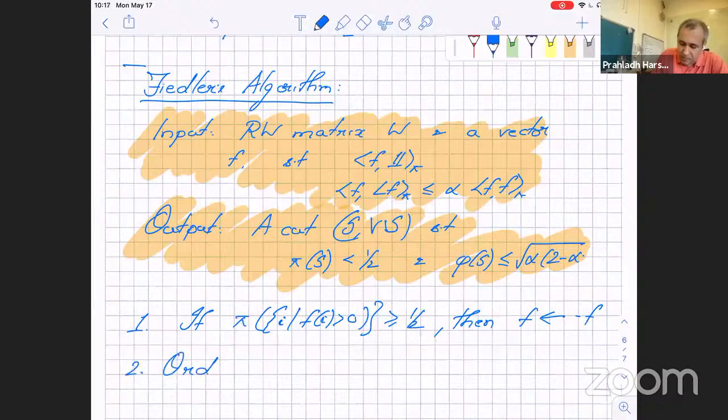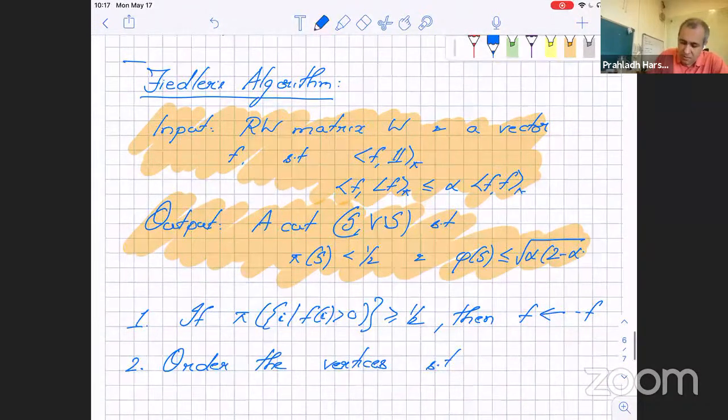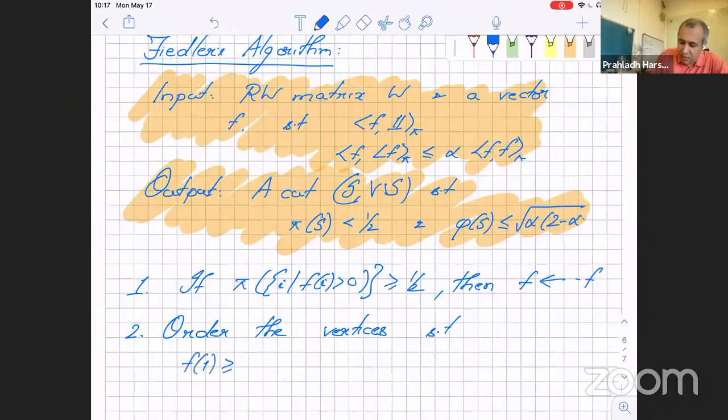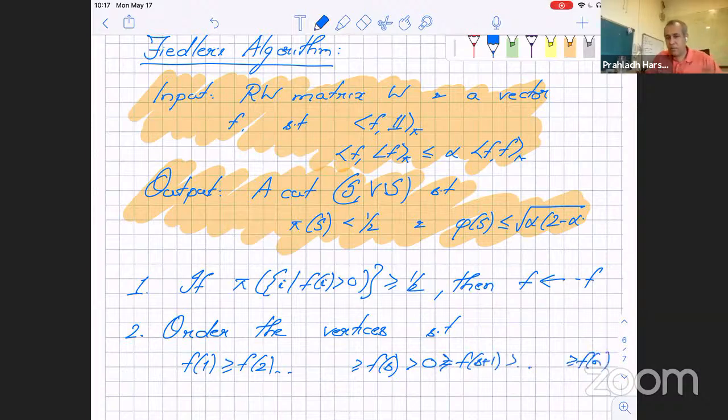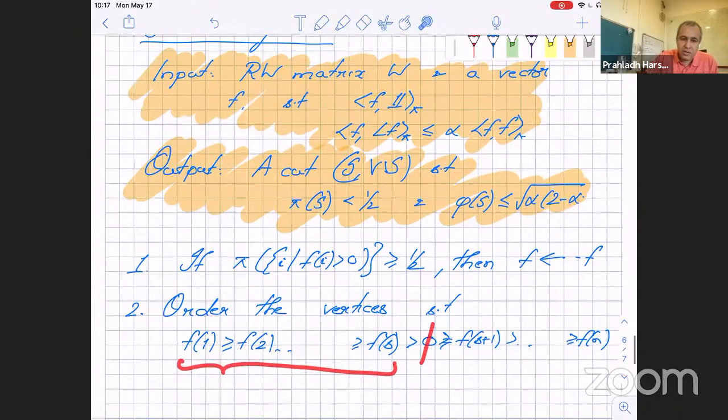Order the vertices such that f1 is greater than or equal to f2 and so on down to fs greater than 0 equals fs plus 1, greater than or equal to fs plus 2, and so on up to fn. So you basically order them on either side of 0. And we have taken care that this side is less than half the weight.